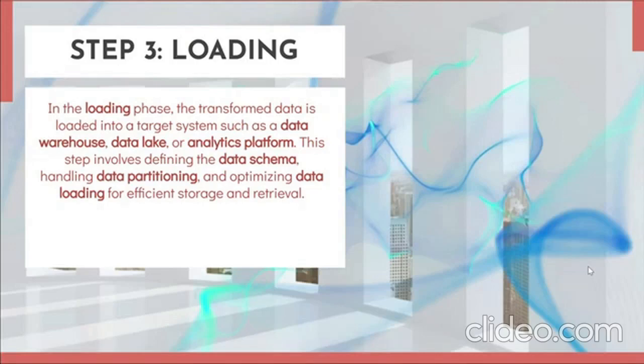To store the data after transforming, we need a central repository such as a data warehouse, a data lake, or analytics platforms. Here we have different types of data warehouse platforms like Snowflake, Amazon Redshift, Google BigQuery, and many others.